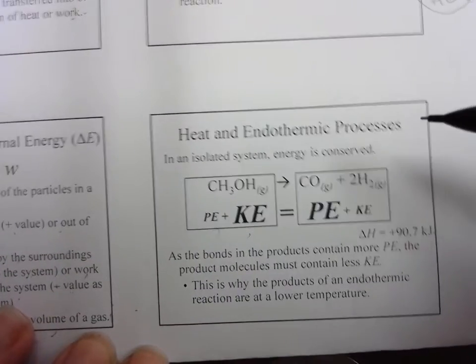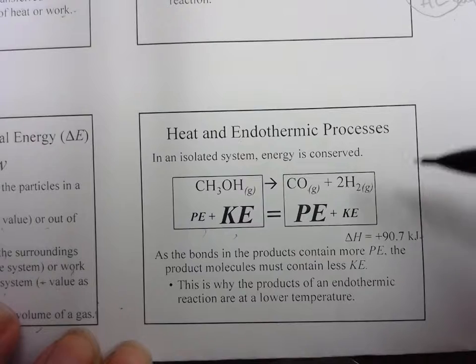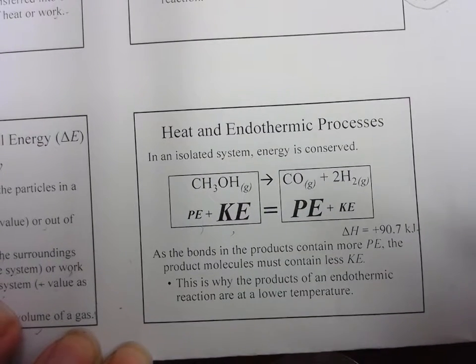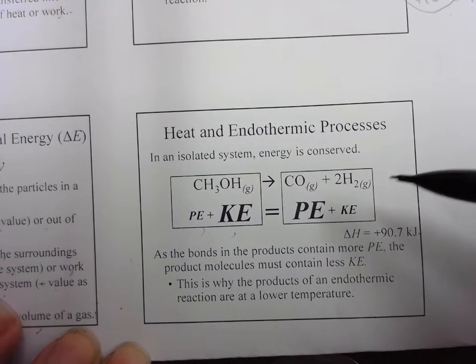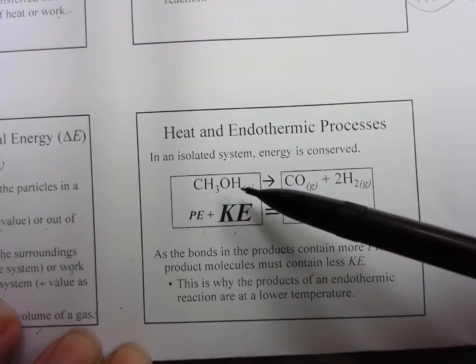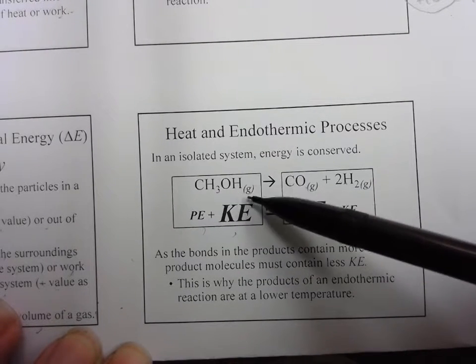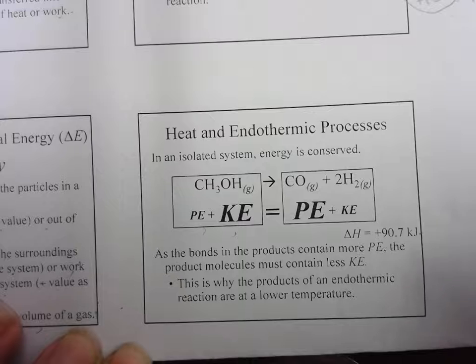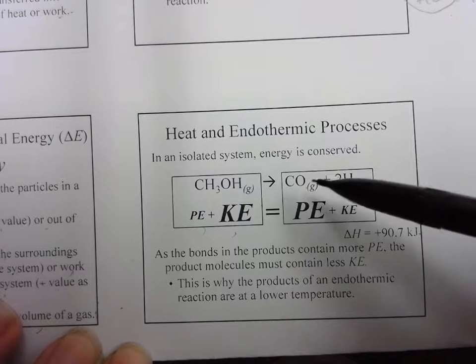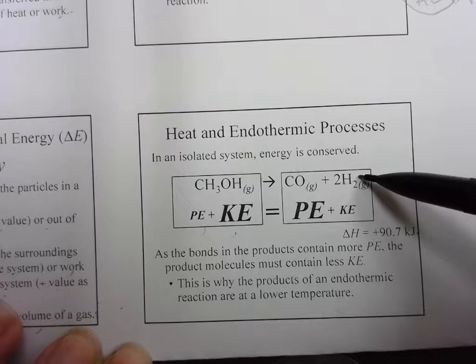Okay, then we have heat and endothermic processes. So if we have an isolated system, right, which means energy is conserved within that system, heat doesn't escape and matter doesn't escape from an isolated system. Our system is methanol gas, and it's decomposing into carbon monoxide and hydrogen gas.